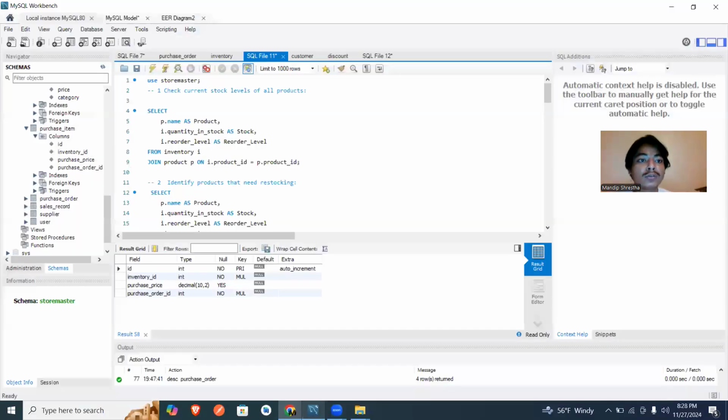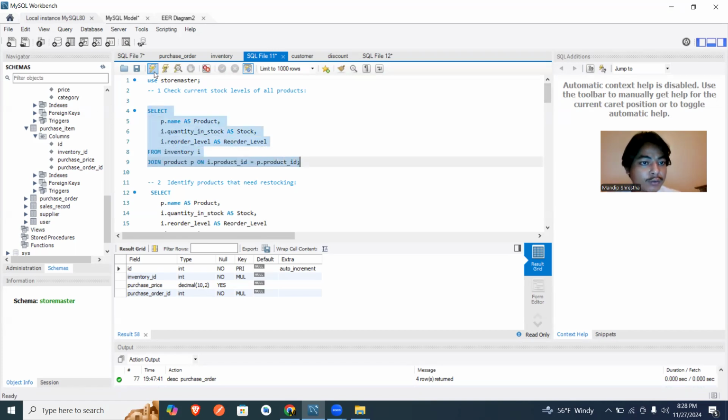Now, moving on to the demo of my project, I'd like to introduce my first functionality, that is to check the current stock level of all the products. The selected one is the query for it.